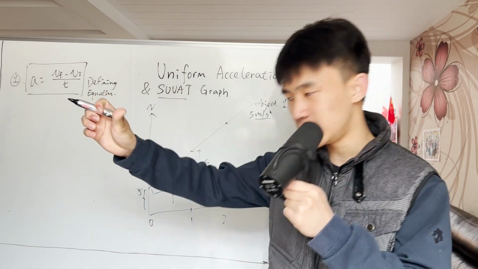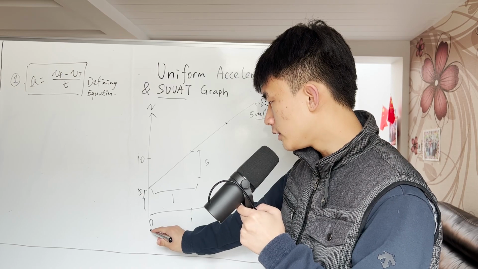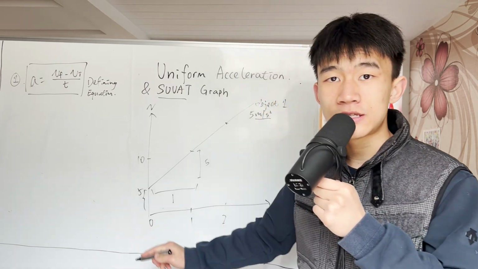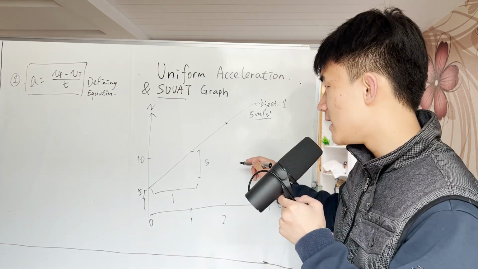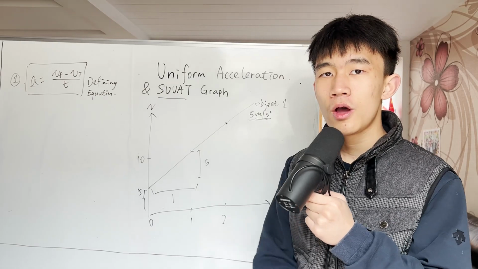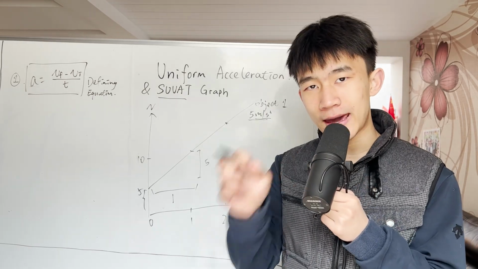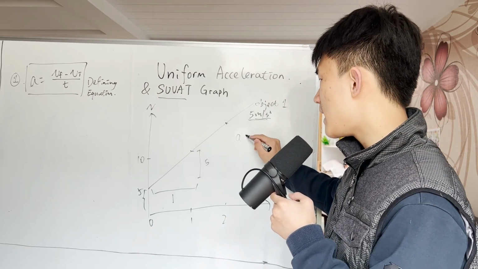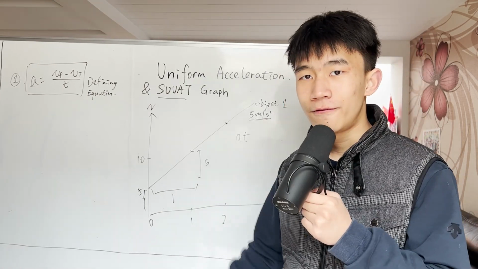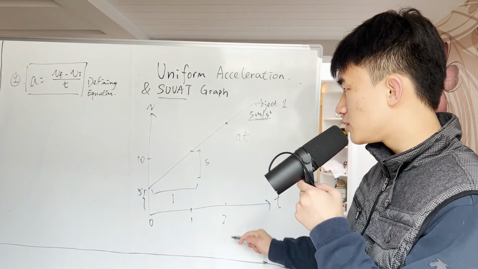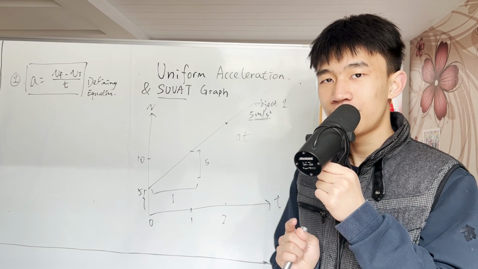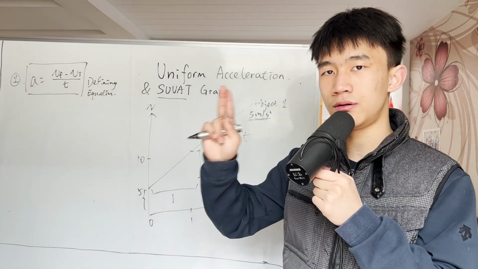At the start of acceleration t equals 0, the object accelerates for 2 seconds, and its acceleration is 5 meters per second squared. So we can calculate its change of velocity, which is just a times t, in this case 2 times 5. This means from t equals 0 to t equals 2, the object's velocity goes up 10 meters per second.